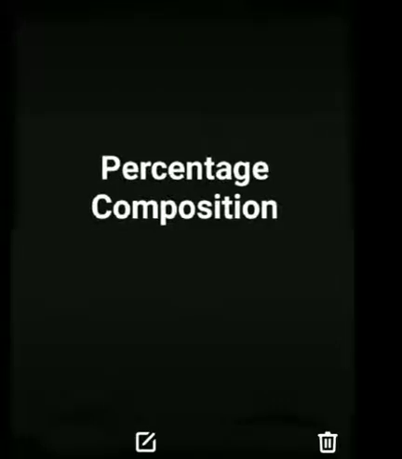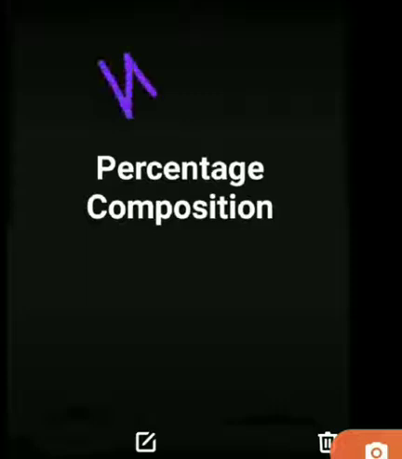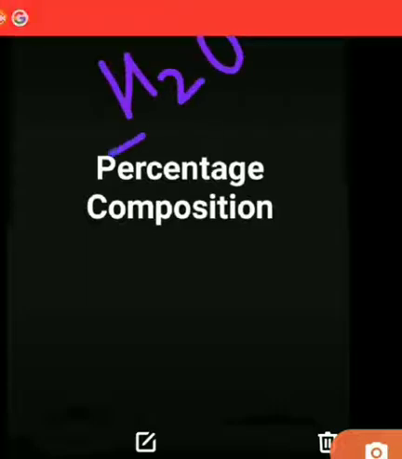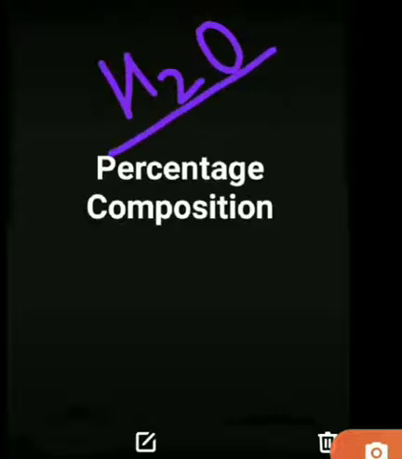Suppose we are taking the water molecule, H2O. If you have to know the percentage of hydrogen and oxygen in this entity, that is water, you have to get a formula from which you can calculate it.